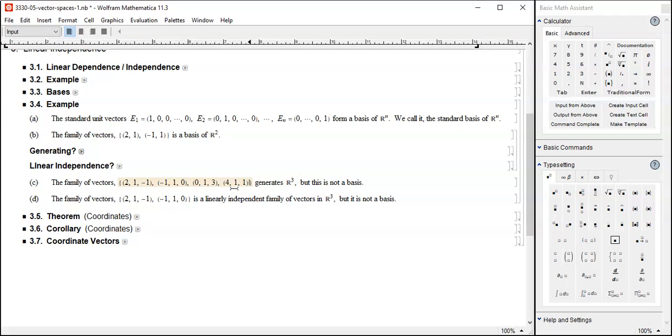Oh my! And you have to do some work so that it generates R3. Good luck. But this is not a basis, so you have to set up a linear combination of x times this, y times that, plus z times the next, plus w times the last, and the right-hand side is (0, 0, 0). Get these linear equations done with an appropriate method, and you have a non-trivial solution.